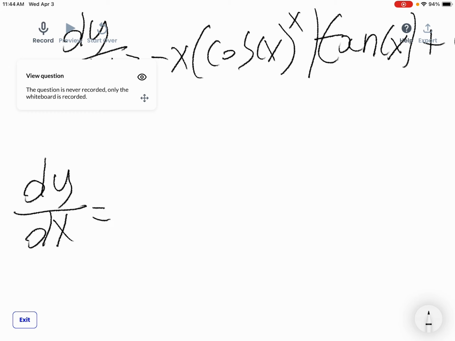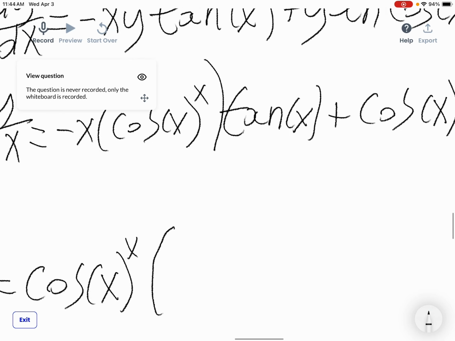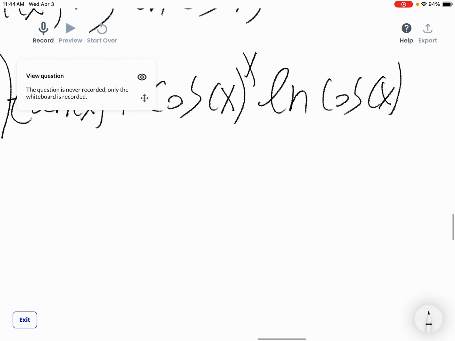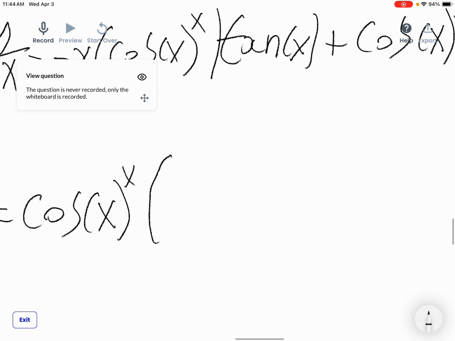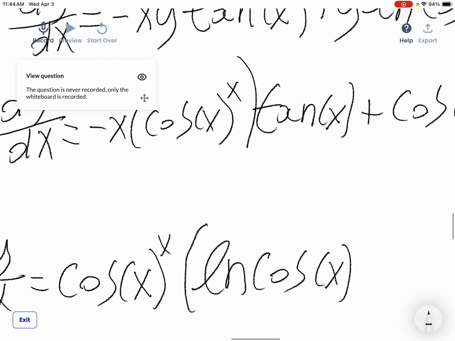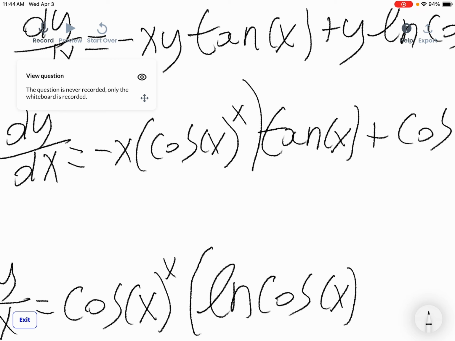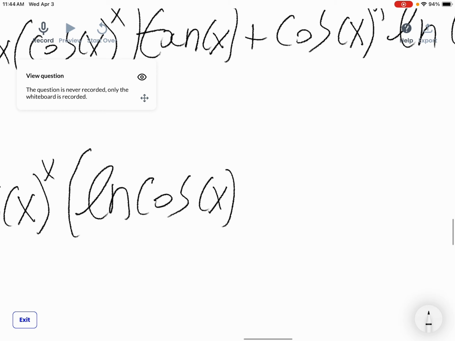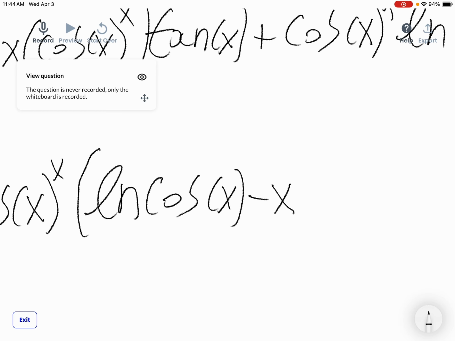Pulling out the cosine of x raised to the x, we have times the natural log of cosine of x, and then the other piece, minus x times tangent of x.